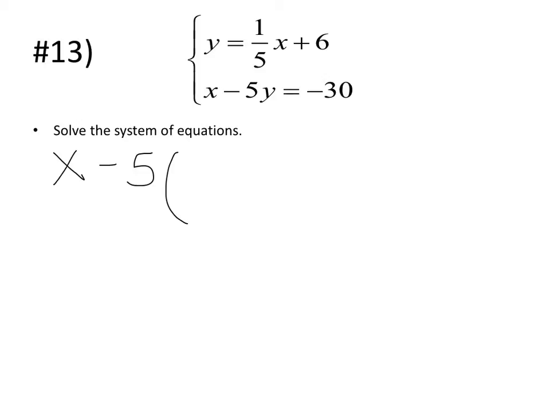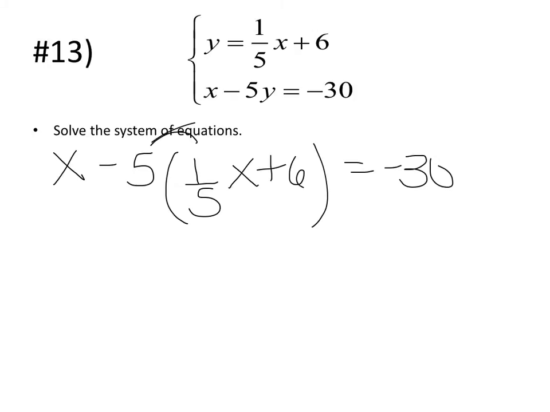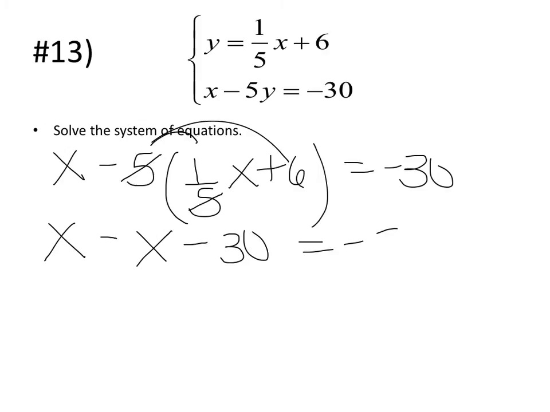So it's 1/5 x plus 6 is equal to negative 30. So I'm going to distribute this 5 to both pieces. So x minus, now this and this 5 is going to cancel. So it's minus 1x, so just x, minus 30. Negative 5 times 6 is negative 30, equals negative 30.